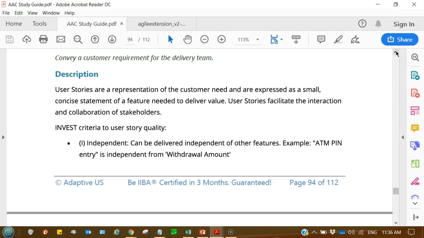It's a conceptual thing, and you're actually talking about relative estimation, and relative estimation is one of the core agile techniques.